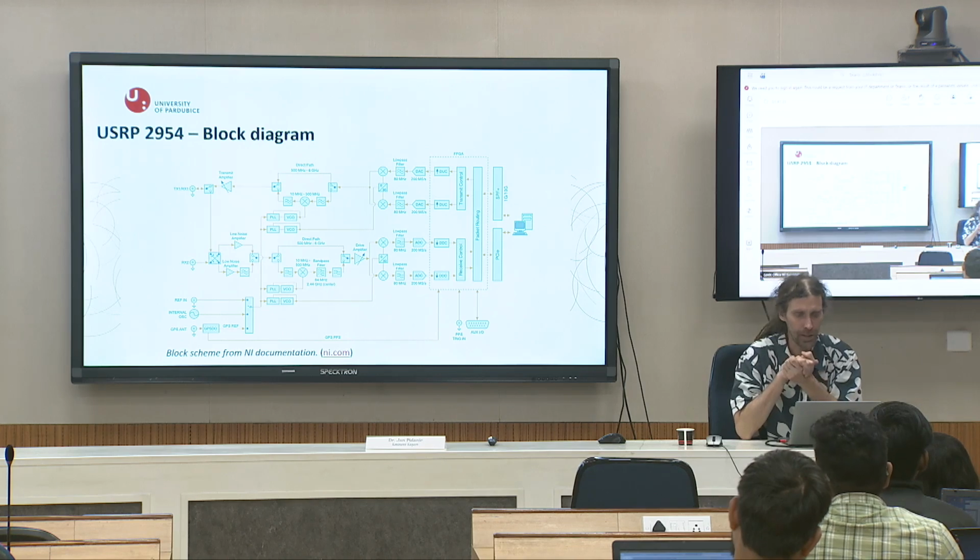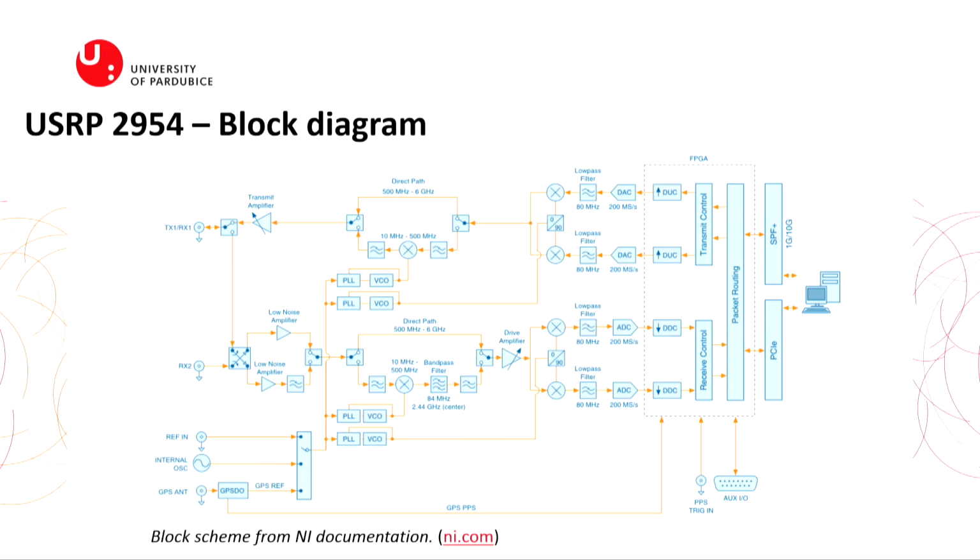This is the USRP block diagram. Okay, I will start here. Control PC, 1 gigabit, 10 gigabit connection or PCI Express. Clear, I think. This is some packet routing, and this part is for transmission, and this part is for receiving only.